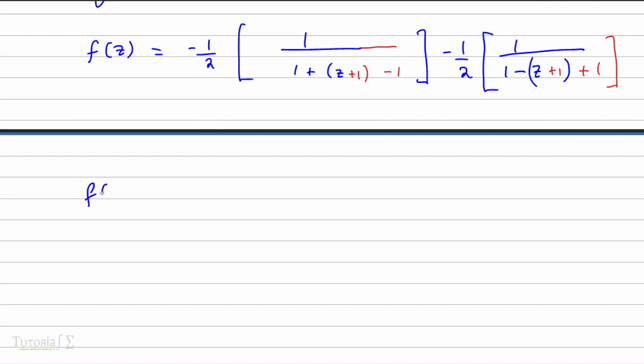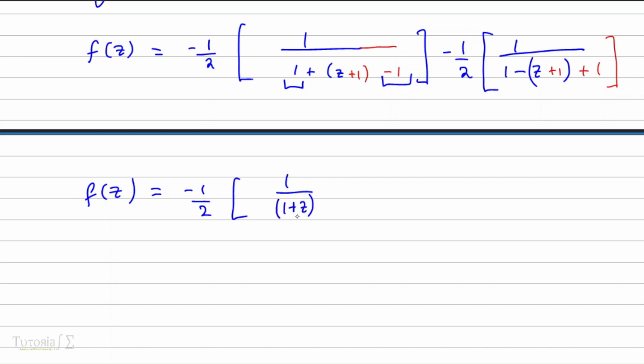So our f of z will be equal to -1 over 2, open brackets. We see that this -1 and this +1 simplify to 0. So we just have 1 over z plus 1, which we can write as 1 plus z.